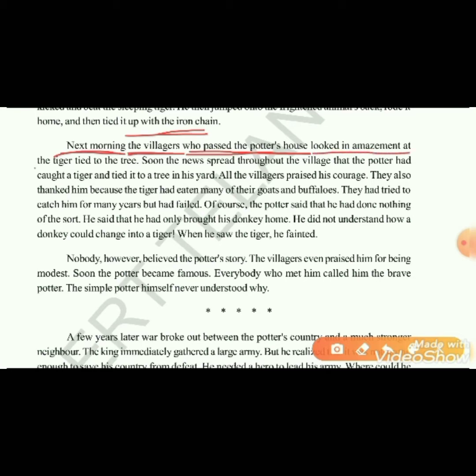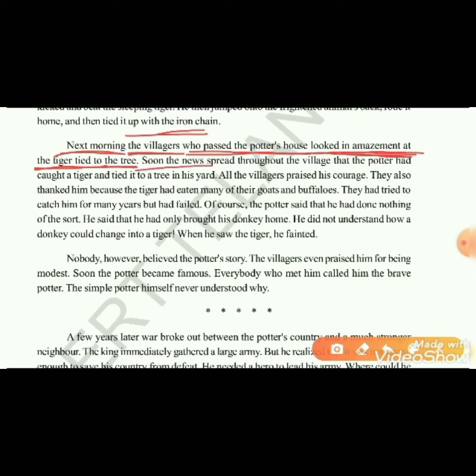A big tiger was tied to the tree, and the people of the village who saw it were very happy, and surprised to see a tiger tied in the place of a donkey.